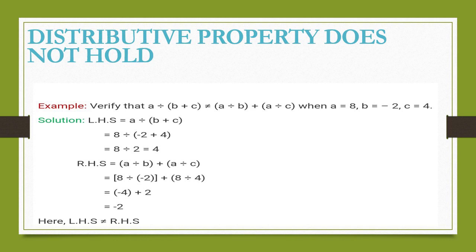So LHS is 4. RHS: 8 divided by B, 8 divided by minus 2 is minus 4. 8 divided by C, it means 8 divided by 4, which is 2. Minus 4 plus 2 is minus 2. So LHS and RHS are not the same. So we say that the distributive property does not hold for division.